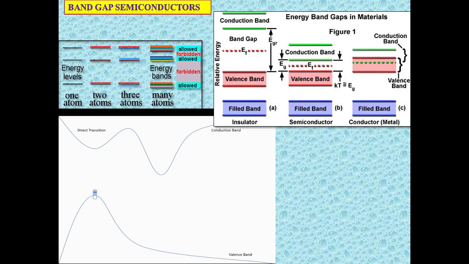Here, energy bands in materials show how insulator, semiconductor and conductor differ. For an insulator, the band gap is very high. For the semiconductor, the band gap between the valence band and conduction band, Eg, is very small, and for the conductor, the band gap between the conduction band and valence band is also very small.